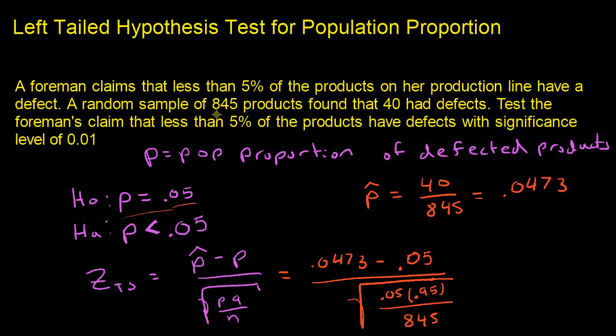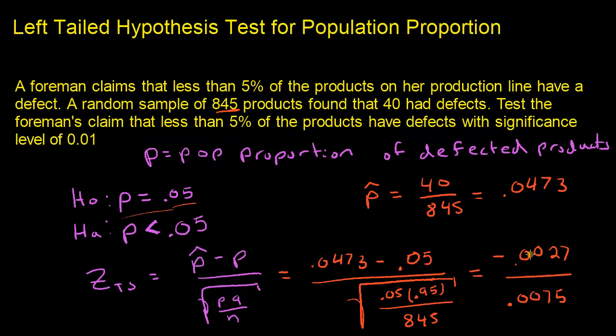That's the sample size. So there are 845 products that were sampled. If we calculate this, we get negative 0.0027 in the numerator. In the denominator, we get 0.0075.